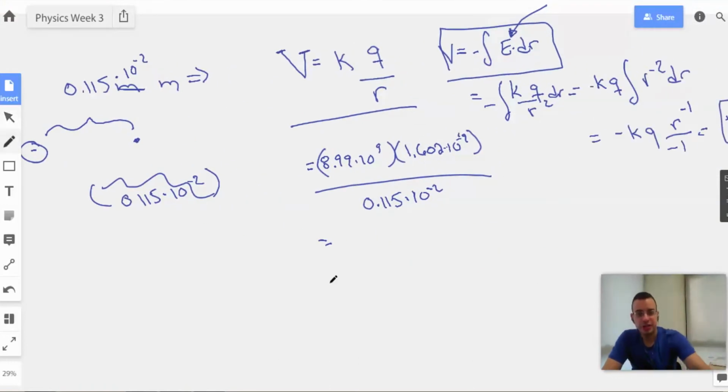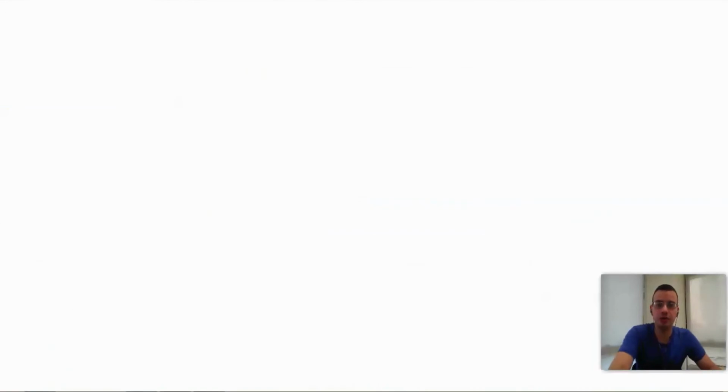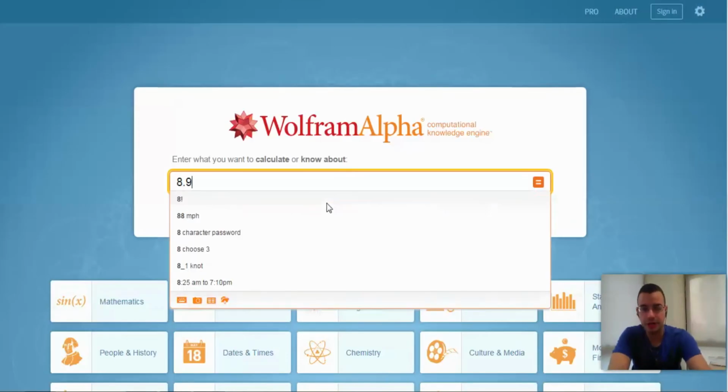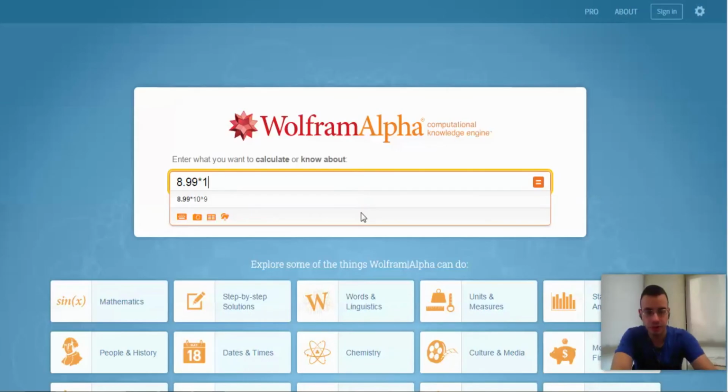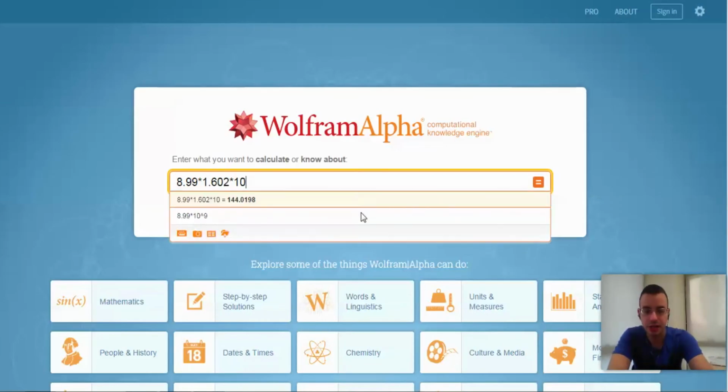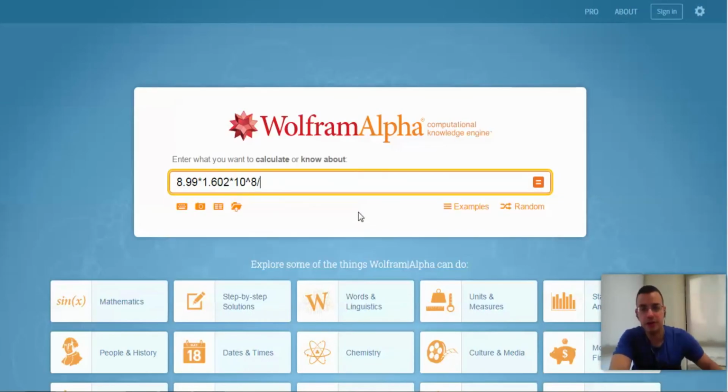Maybe I should simplify this a little bit. So 10 to the negative second is the same as 10 to the second on the top. 9 plus 2 is 11. 11 minus 19 is negative 8. Okay, so we'll do 8.99 times 1.602 times 10 to the negative 8th divided by 0.115.